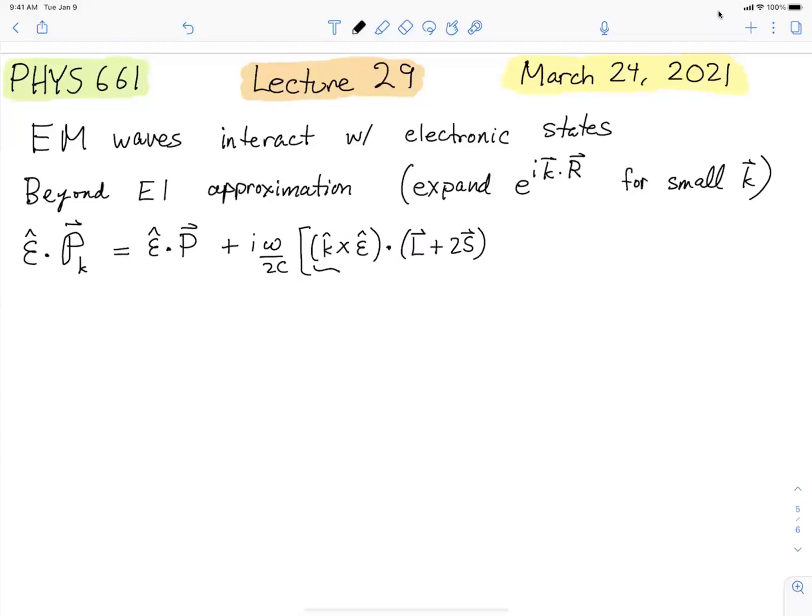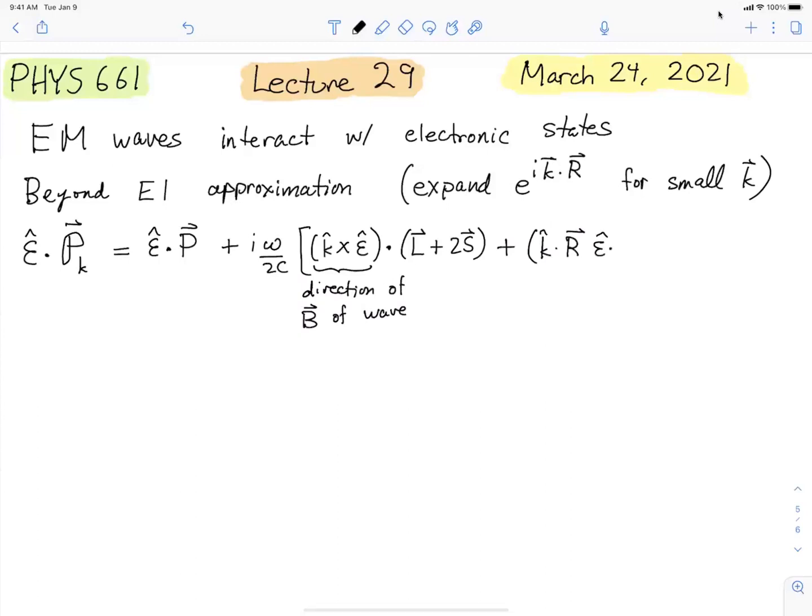Okay, and this k hat cross polarization is the direction of the B field, the magnetic field of a plane wave. So that's certainly going to be associated with the magnetic field of the wave. And then the next term in the expansion looks like this.